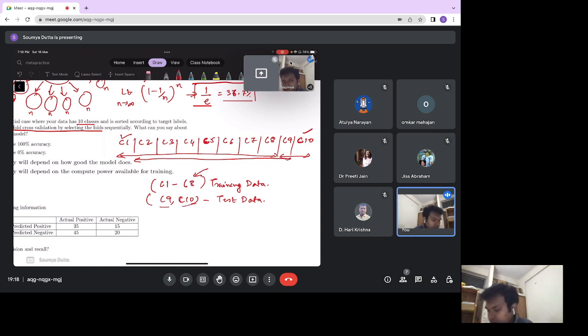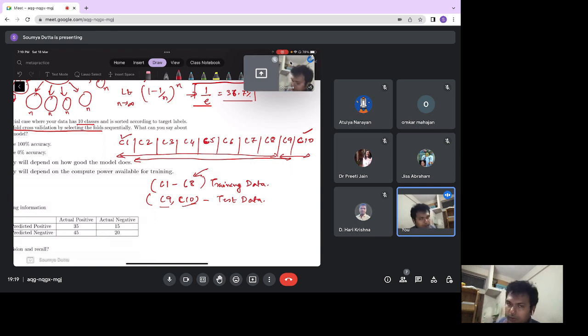You don't have any data point for which the ground truth label would be C9 or C10, and therefore your model will never predict any particular data point as C9 or C10, because it has not seen any such point during training, and therefore it won't predict any of those particular classes.